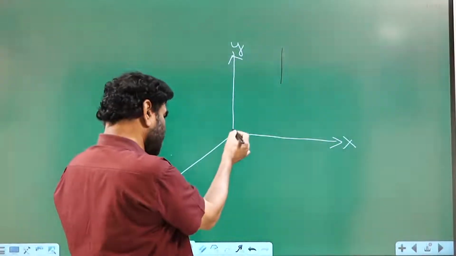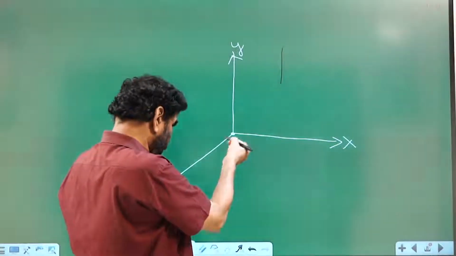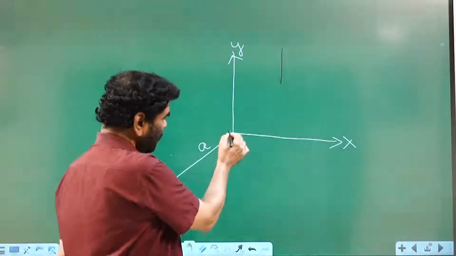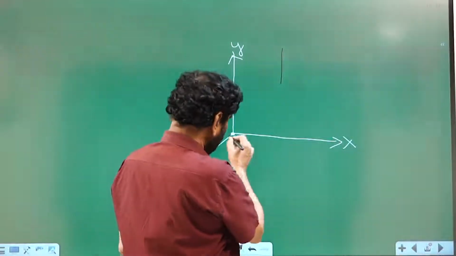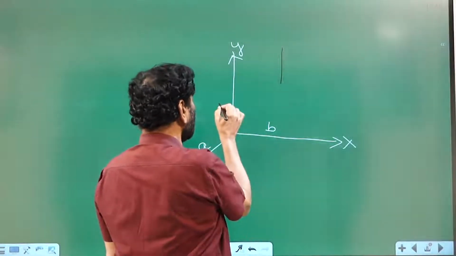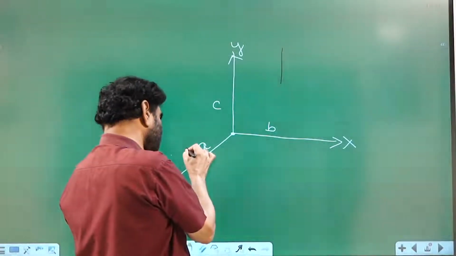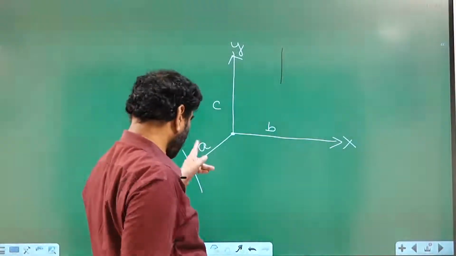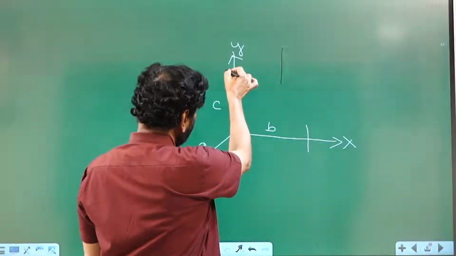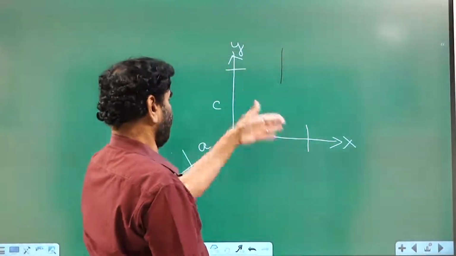See, this is called A, the axis towards your side, edge length A. The axis opposite to this is B, and this is C. The intercept on this axis is taken as A, on this axis as B, and along this axis as C.